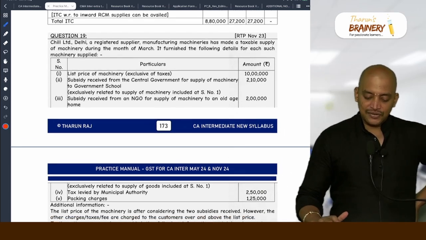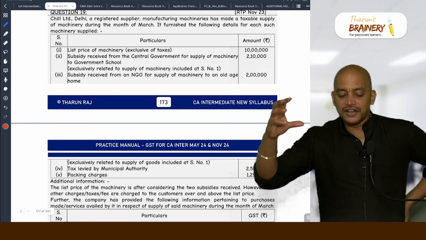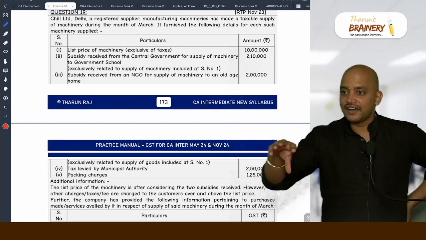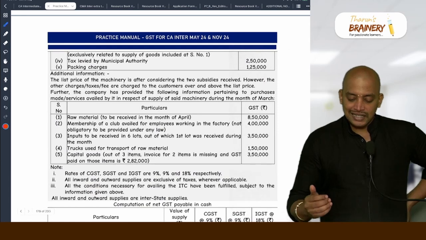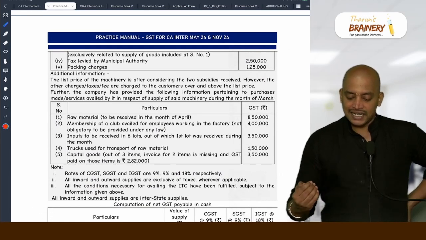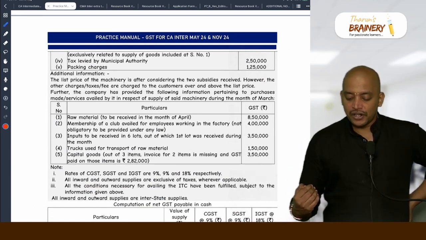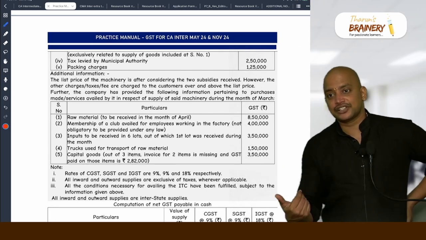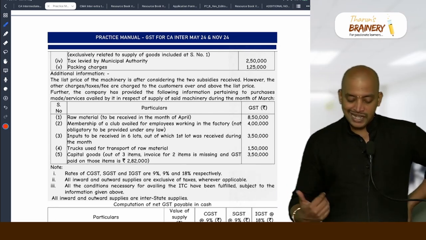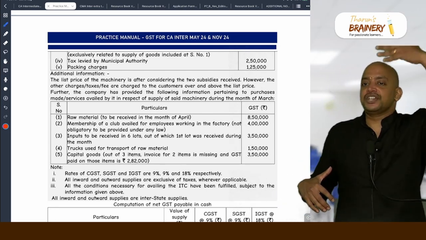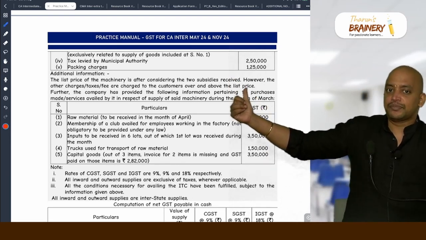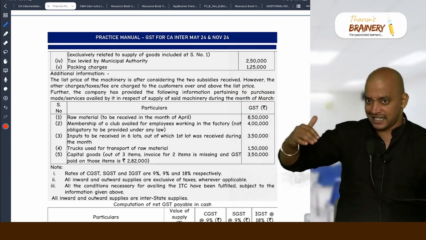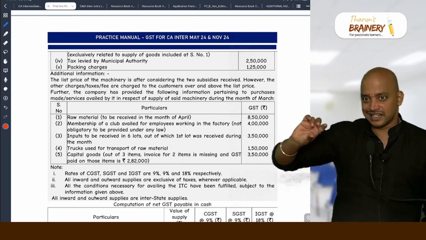So what happened in this question is that they gave valuation also, and additional information. Further, the company has provided information related to their purchases also. So first, using the valuation provision, we need to arrive at the gross liability. Thereafter, using the inward supply, you need to compute the ITC. Then we will be getting the net GST payable.